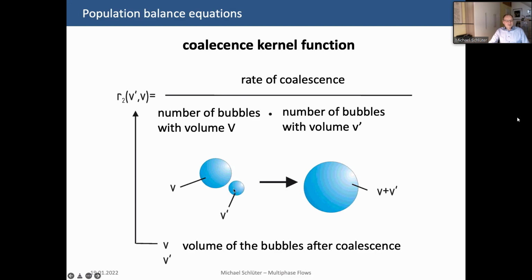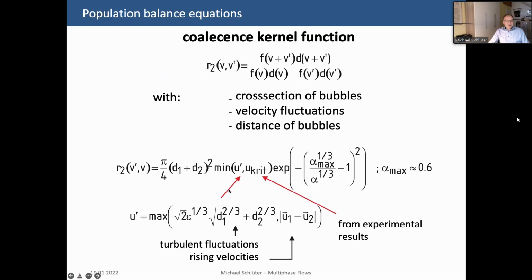So this helps us now to write down this kernel function for coalescence. And don't worry, I won't explain this in detail here, but this is how such a kernel might look like, where you have the 2 diameters. Here are some adaptation factors, and here you have the critical velocity.